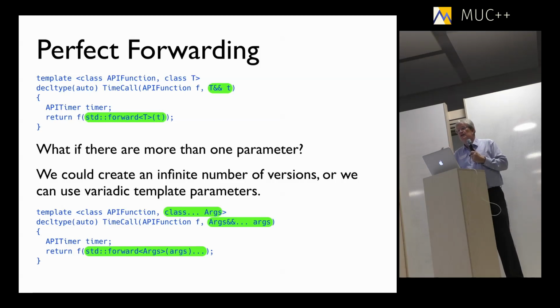It's some arbitrary number of template parameters, 0 or more. It might be 0. Right? That's what the class ... is telling us, that args is actually not a type, but 0 or more independent types. They might all be ints, but they might be different types.